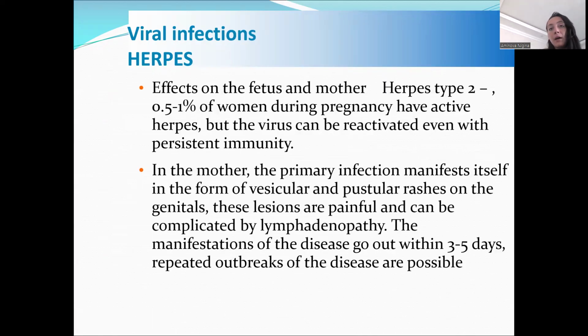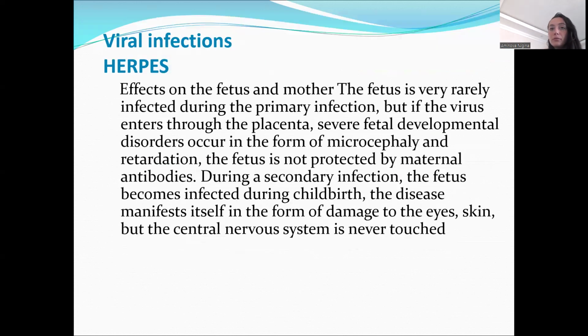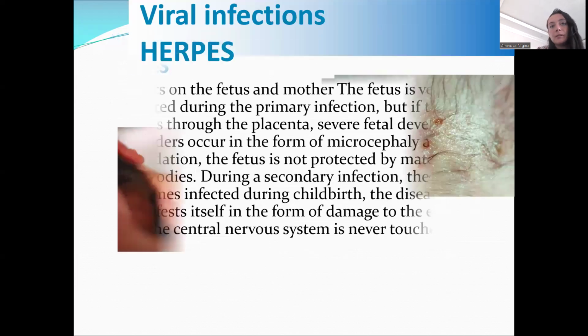Herpes type 2 virus will be seen in 0.5 to 1% of women during pregnancy with active herpes, but the virus can be reactivated even with persistent immunity. Effects on the fetus are very rare, but if the virus enters through the placenta, several fetal developmental disorders occur in the form of microcephaly and retardation, as the fetus is not protected by maternal antibodies.